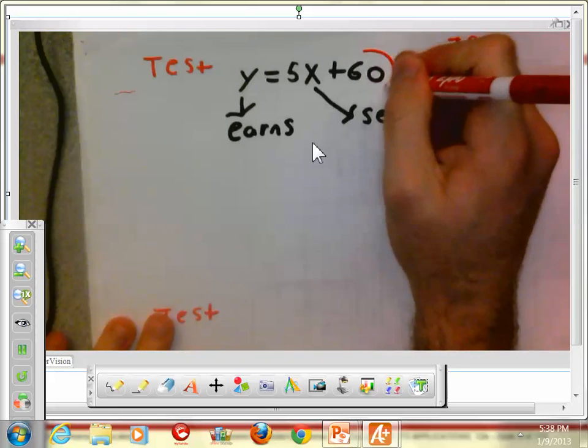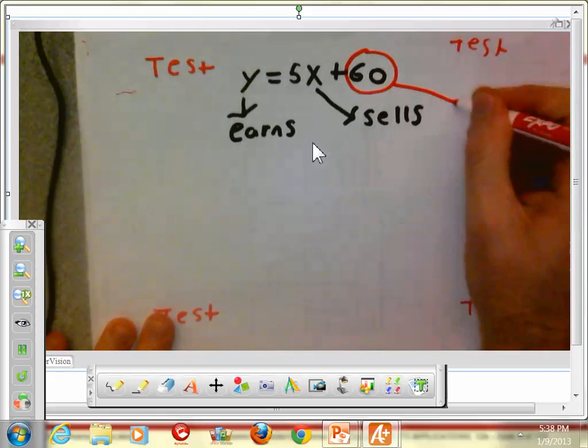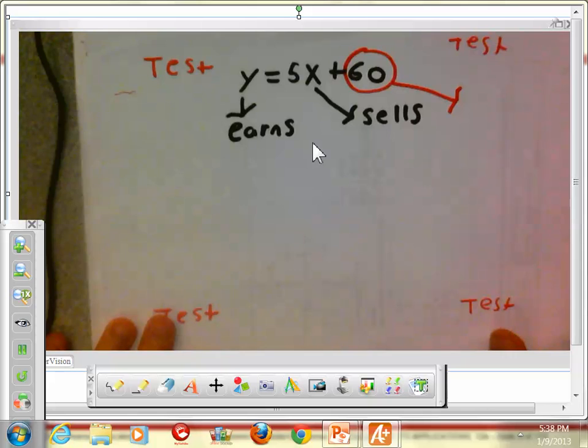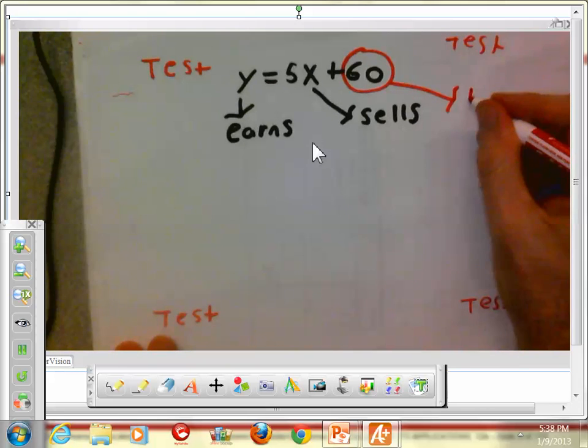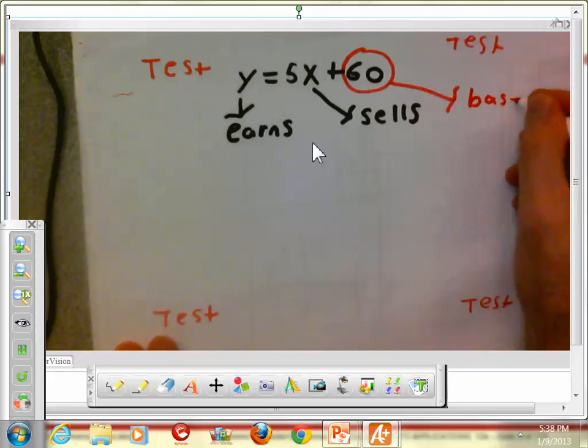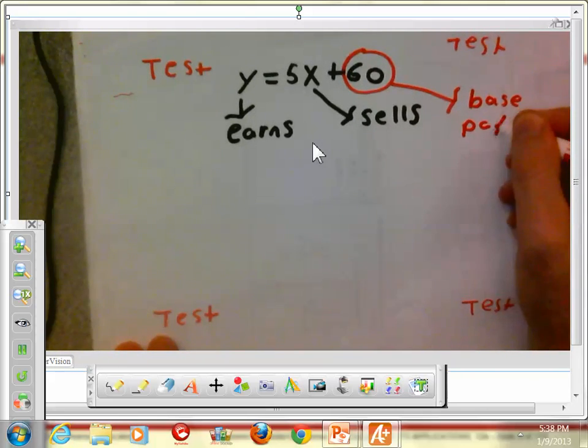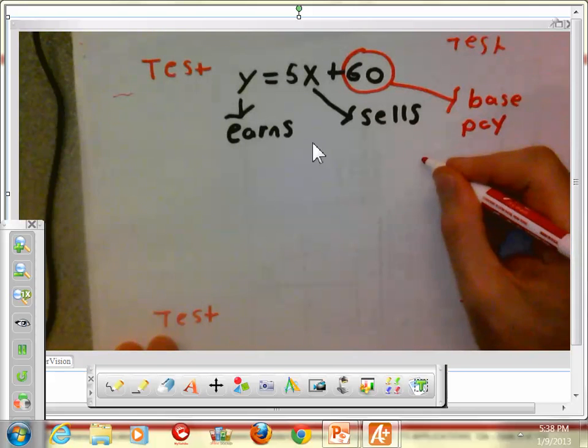That means when the x value is 0, that's going to be the y value. In the case of earnings, when x is 0, this is how much she's getting paid if she sells nothing at all. So this is her base pay, the value when x equals 0.